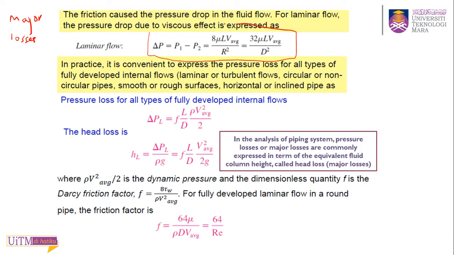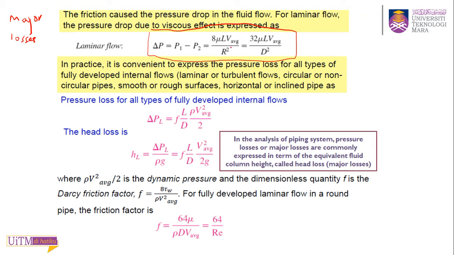The delta P, P1 minus P2, equals 8 times mu, the dynamic viscosity, times L, the length of your pipe, times the average velocity. We know the velocity of the fluid is not uniform, so that's why they use the average velocity, divided by the radius of the pipe squared.